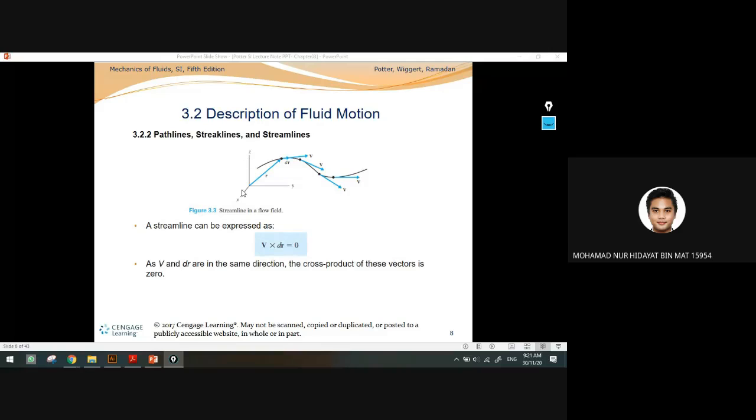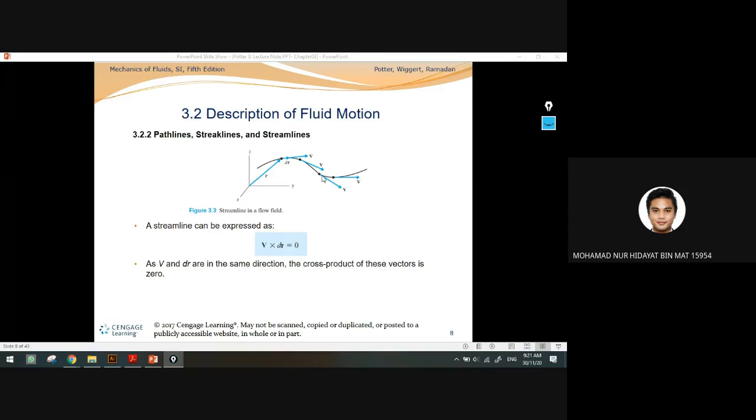Alright, this is where I previously mentioned to you what the streamline is, which is the instantaneous flow direction of the fluid motion. For example, the fluid starts from here, moves from here, and next goes to here. At the instantaneous direction, it is always tangential to the curvature.